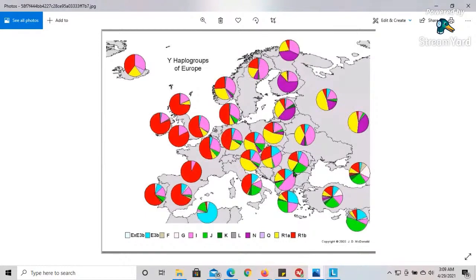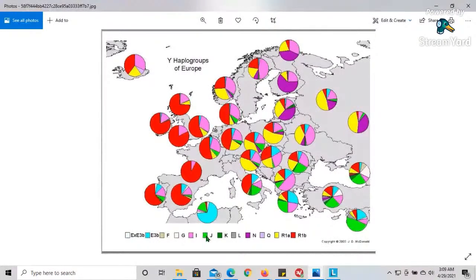All this pink, half of the population right here. This is where the I too is concentrated. But all this pink that we see here, that's all Israel. It's all direct descendants of Israel. All that pink color.